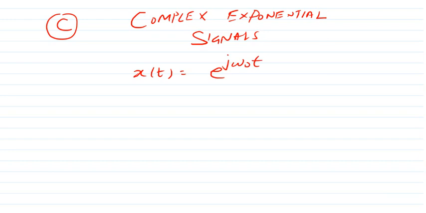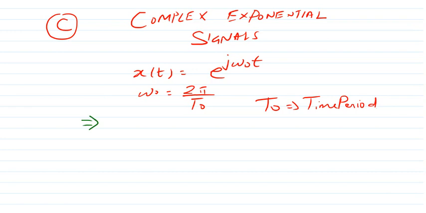What is omega naught? Omega naught is nothing but 2 pi divided by T naught, where T naught is your time period. Depending on this, it may be increasing or decreasing exponential. So there are two categories, we can further categorize this. One is increasing, we have the increasing complex exponential.